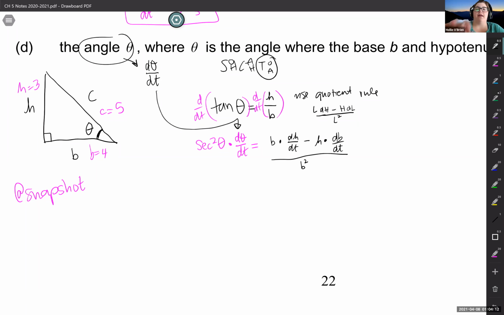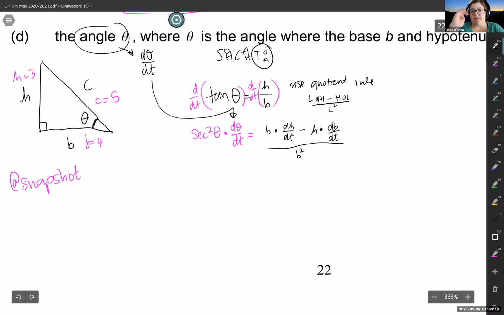So before I plug in numbers, I'm going to get d theta dt by itself. I want the rate of change by itself. That way I can just plug, chug, and done. d theta dt is going to be equal to B times dH dt minus H times dB dt, all over B squared, times 1 over secant squared theta.